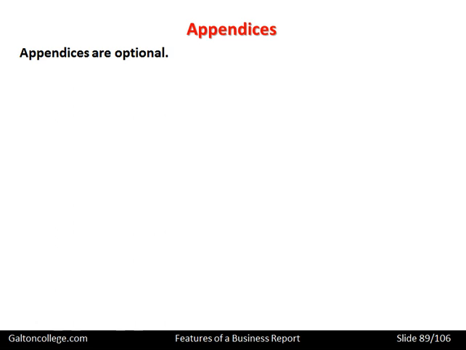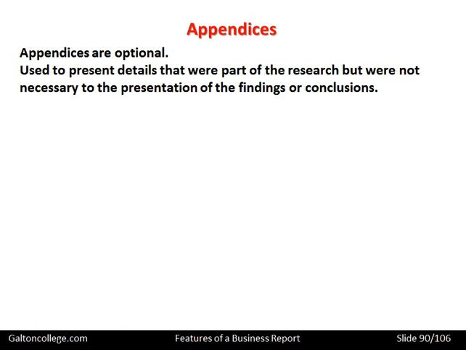It's just a section of the report which contains information that the researcher found that was not necessary to the presentation of the findings or the conclusions, but it's information that the reader would not normally have access to, find it difficult to find, perhaps an article or clippings from the press or the questionnaire itself or some issues about the methodology. And these may go into the appendices and be referenced in the main business report.